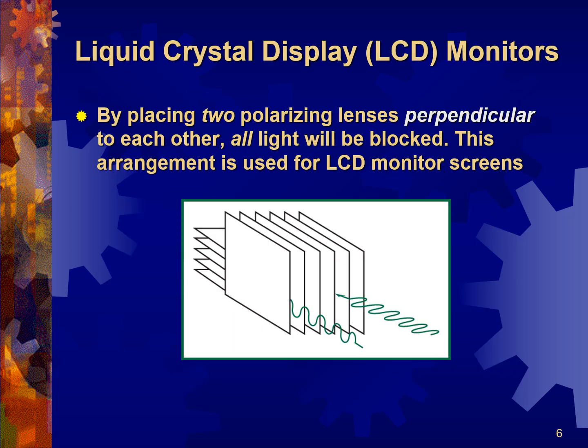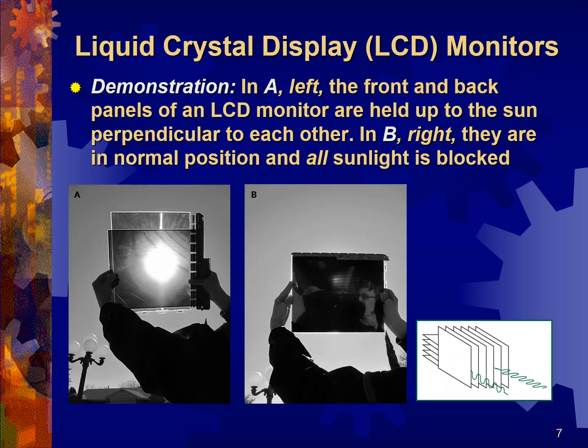In a liquid crystal display, we actually put two polarizers perpendicular to each other. And then what we do is we manipulate a liquid goo in between the two sets of polarizers to actually twist the photons to make them pass through. It's quantum engineering at the finest, folks. Okay, but a simplified version of that.